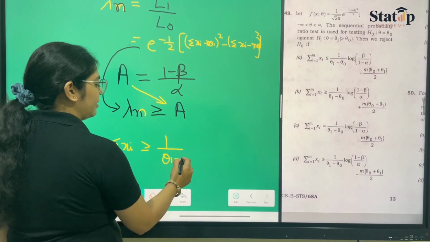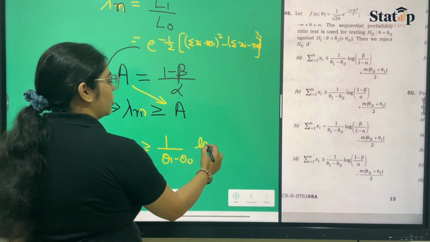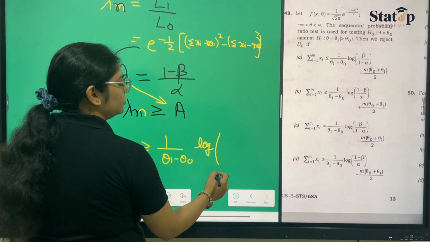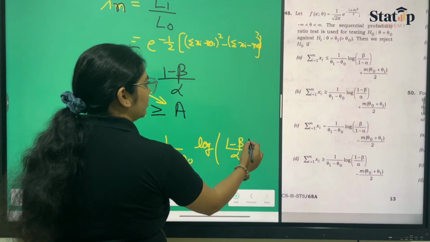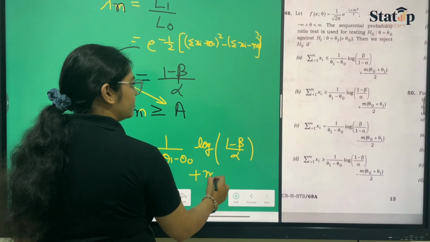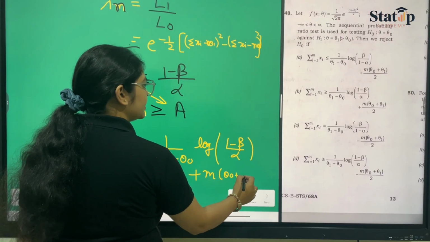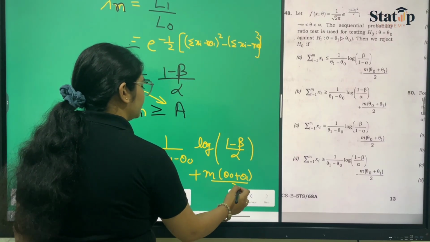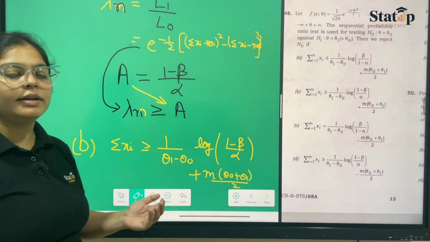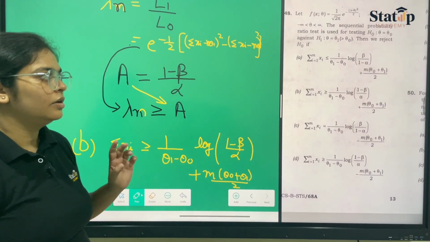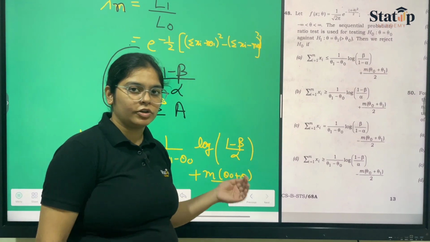So it will be theta 1 minus theta naught log of 1 minus beta upon alpha plus m times theta naught plus theta 1 upon 2. Just consider the final answer, it contains m, and if you are calculating it with n, then it will contain n. Okay, this is directly a theorem that has been asked.